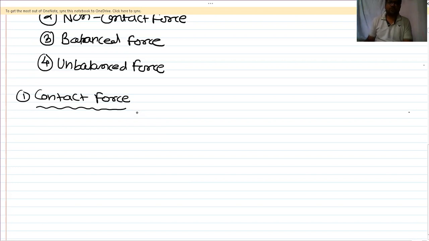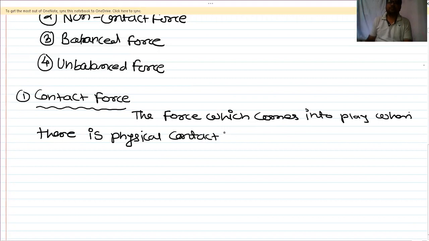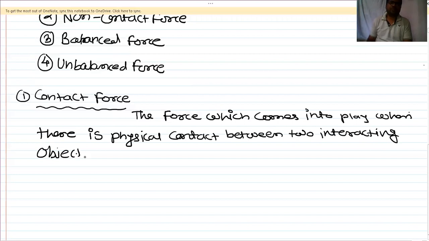So the force which comes into play when there is physical contact between two interacting objects, right? So that is what the contact force is.